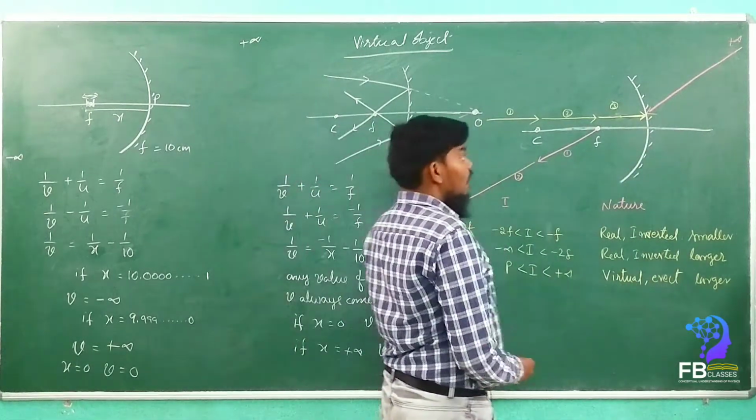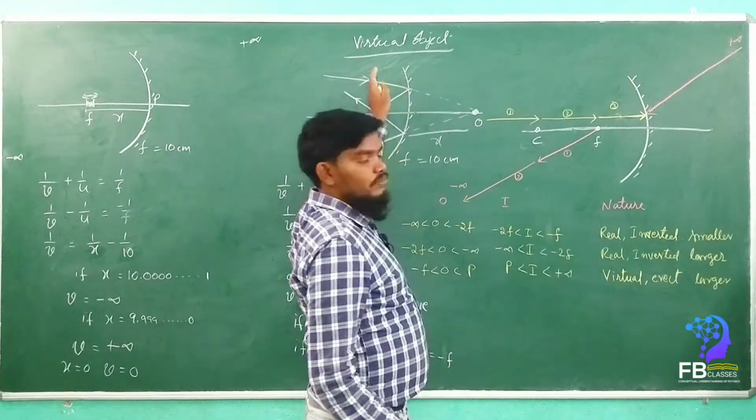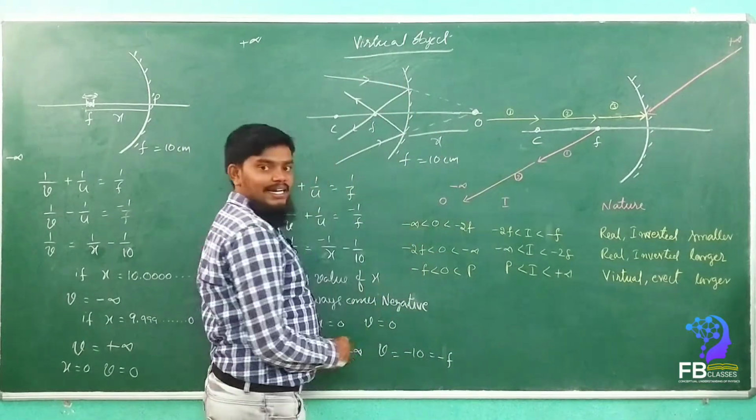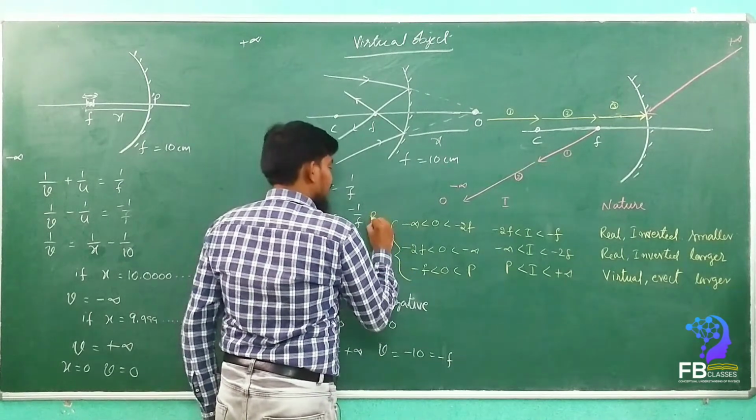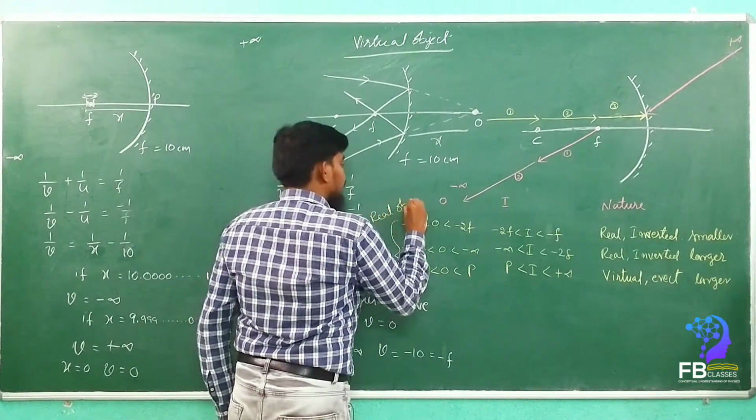Now this is the total for the real object. Yes or no? These are all the things about the real object.